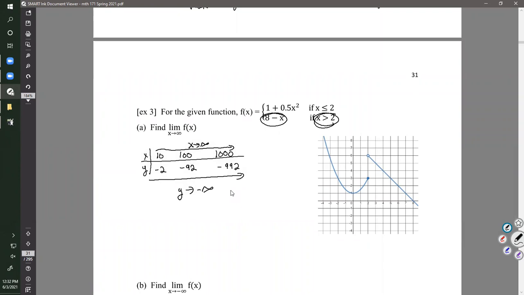And we can see that graphically as well. If you look at our graph to the left of 2, it just shoots down. And it keeps shooting down, shooting down, shooting down. So what that tells me is that my limit as x goes to infinity of our function equals negative infinity.